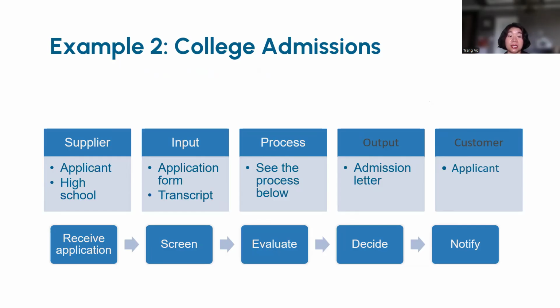The output is the admission result, whether it's accepted or not, and the customer is the student who applied. SIPOC helps the admission office stay organized and fair, especially when thousands of students apply.